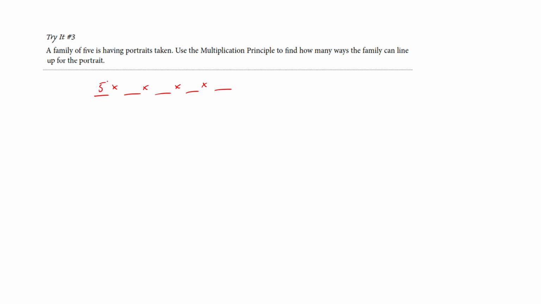Someone has been standing here, so we've only got 4 people left for the second spot in line. Somebody's standing there, so in these first 2 spots, there's only 3 people left for the next spot. There's only 2 people left. There's only 1. So in other words, this is the same thing as 5 factorial. We could just multiply down the line. And what's 5 factorial? It turns out to be 120.